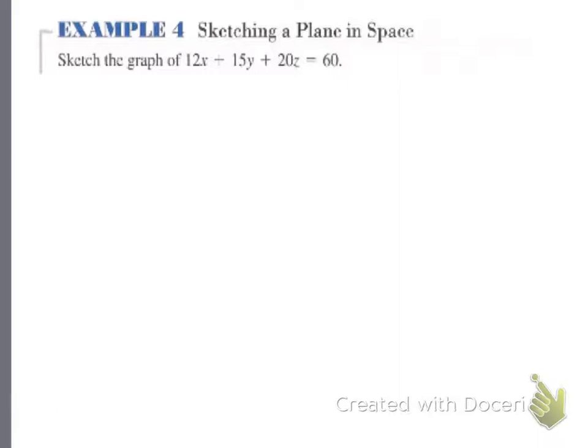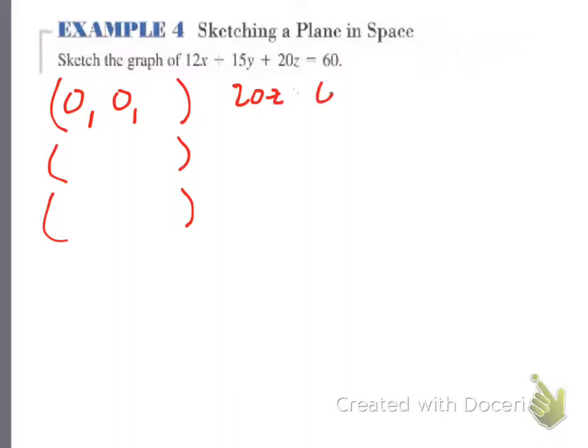So if you're to sketch this graph, what we want to do is find all of the intercepts. If we let the first two variables be 0, we get 20z equals 60, so z is 3.